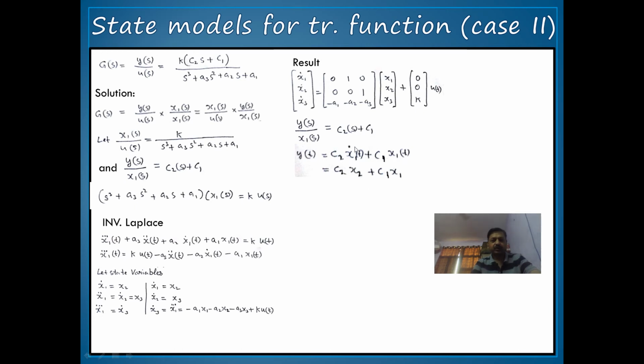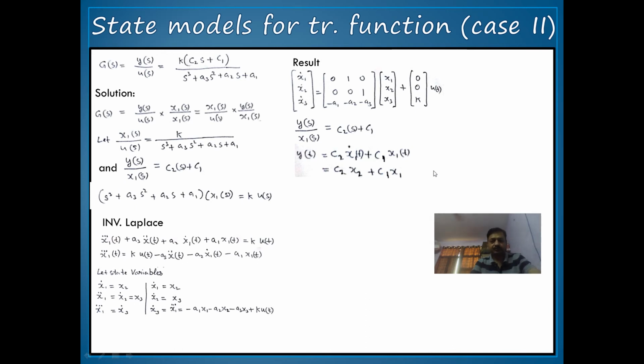Now x1 dot(t) can be replaced with x2, and the final equation will become: c2 x2 plus c1 x1. This will be the final equation which we have generated with the help of just transforming the Laplace variable into the time domain variables.